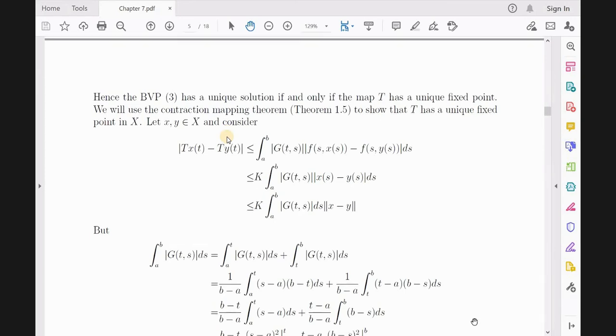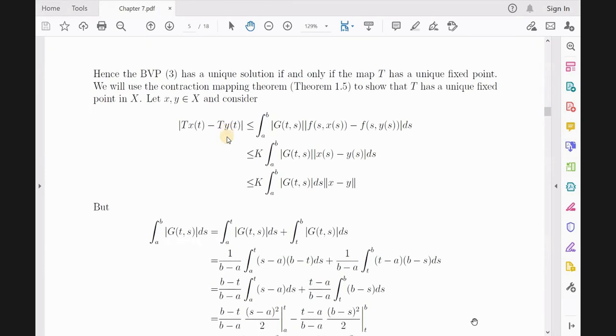Just integrate these. So you can see (b minus t) over (b minus a) times (s minus a) square over 2 with limits of integration from a to t, plus (t minus a) over (b minus a) times the integral of (b minus s) square over 2 with limits from t to b.